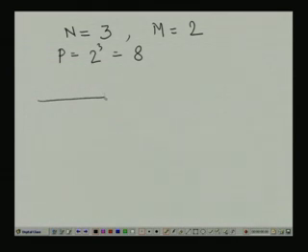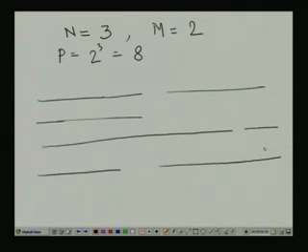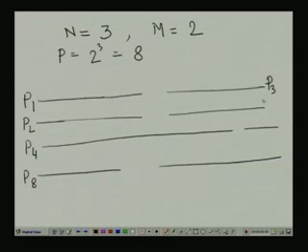what we can do, say this is possible. Now, say this is P1, P2, P4 and P8, and P1 is shared by P3, P2 is shared by P5, this is P6 and this is P7.